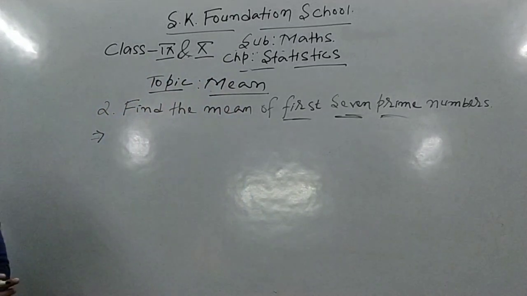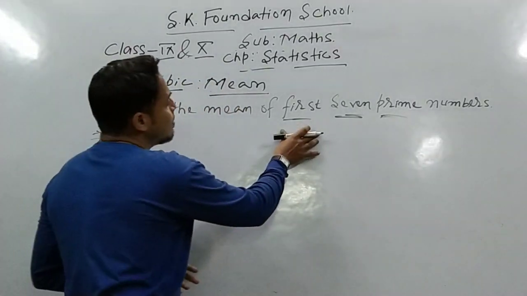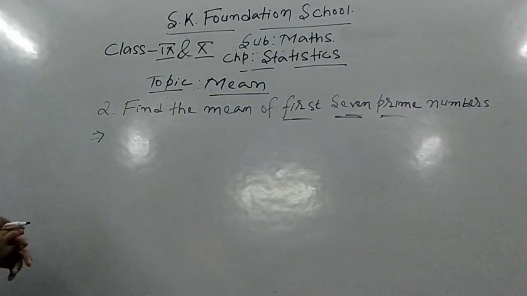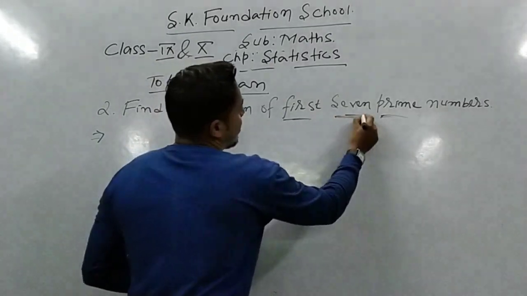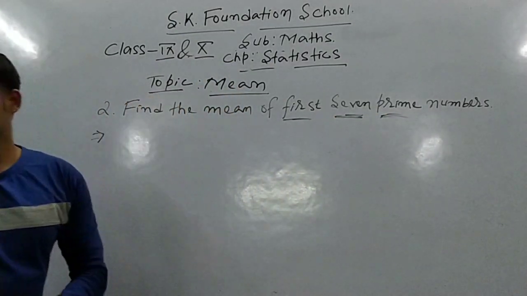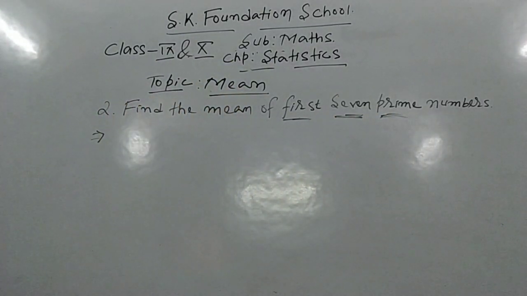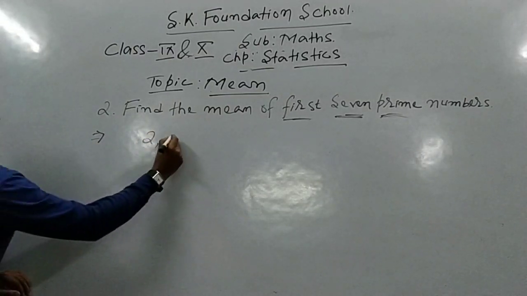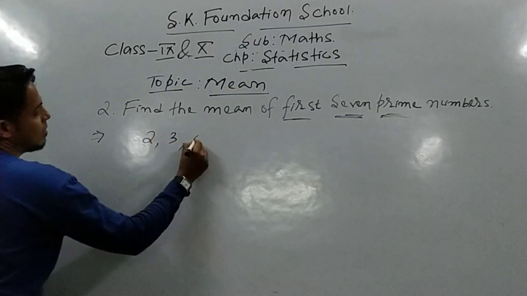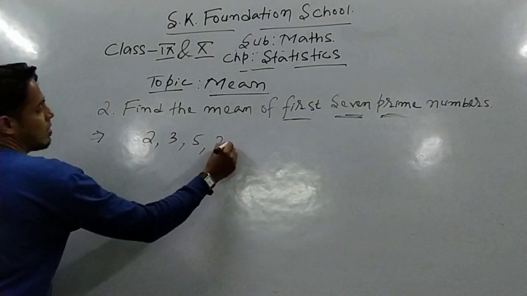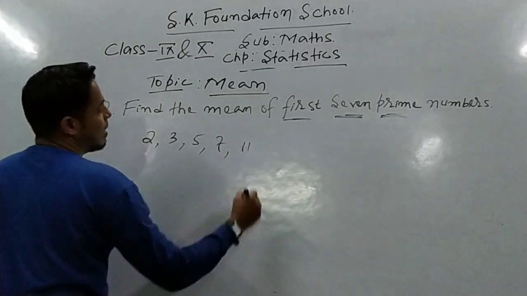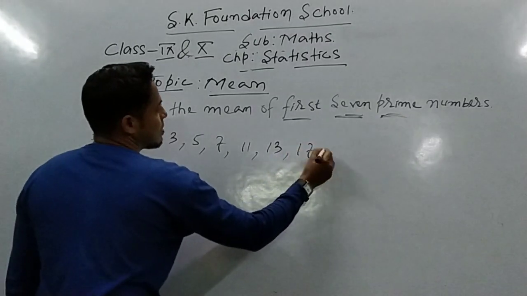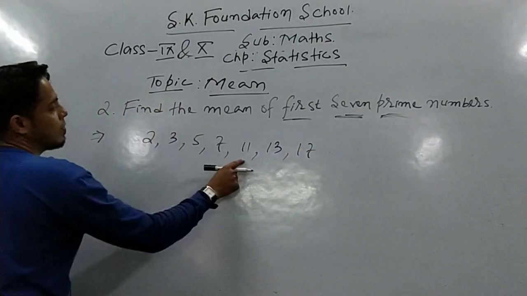First 7 prime numbers means we start from the first prime number and take the initial 7. So these numbers are 2, 3, 5, 7, 11, 13, 17, that is 1, 2, 3, 4, 5, 6, 7.